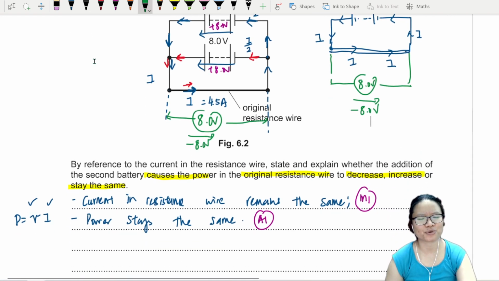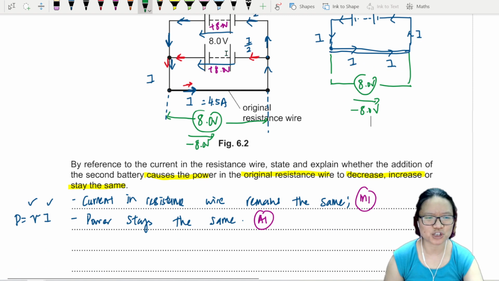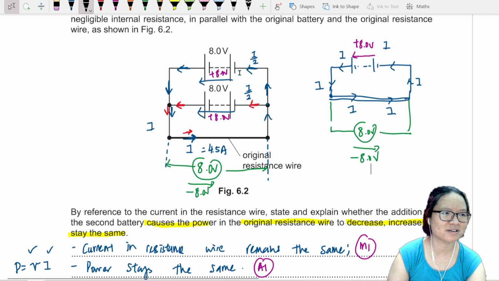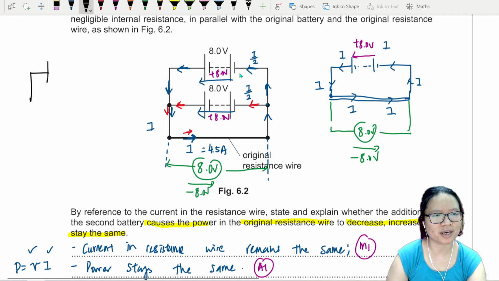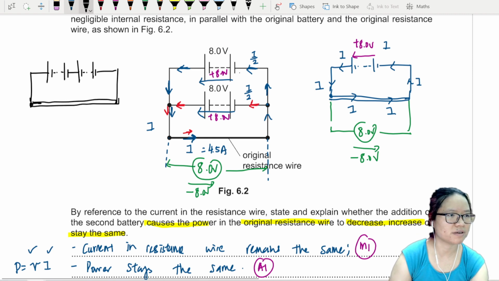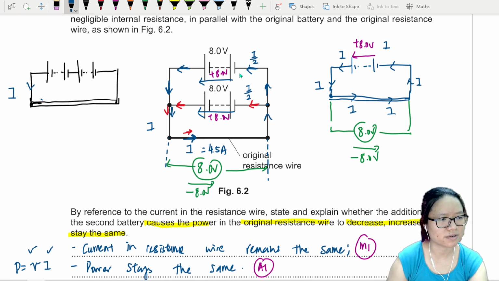It's a bit of a trick question because people tend to think, oh, more batteries show more power, right? No. Depends on how you connect the battery. If you connect the battery this way, let's say you have two batteries like this with the same resistance wire, then this one is a different story already. This is current.